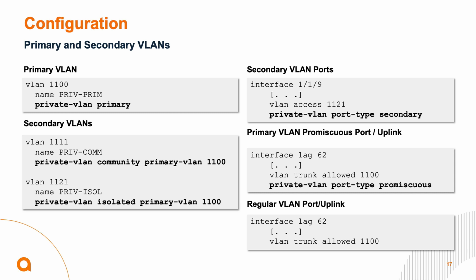And you see that the allowed VLAN here is 1100, so this port will belong to that VLAN, among other VLANs in this case. Finally, if you want a regular VLAN port uplink to be able to extend your secondary VLANs across, the only thing you do is allow that VLAN in the trunk. However, you do not add the promiscuous port definition.